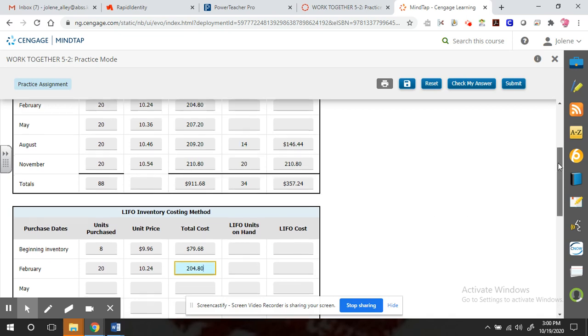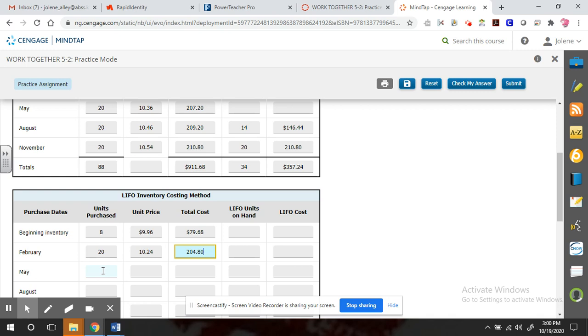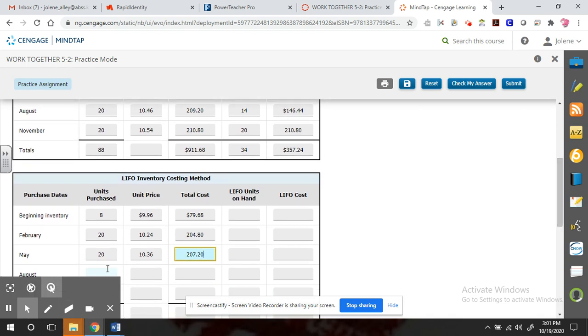Come down a little bit further for the May shipment. We got 20 air filters in at $10.36. That was a total of $207.20. Come down to the August shipment.